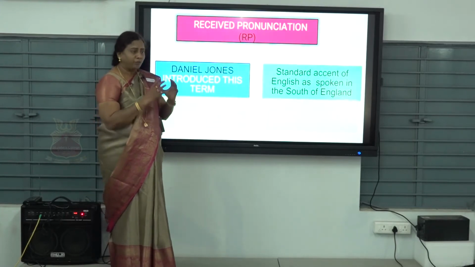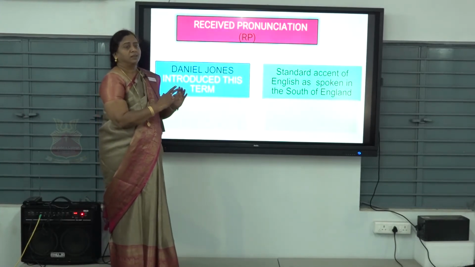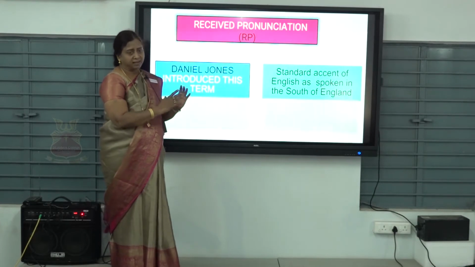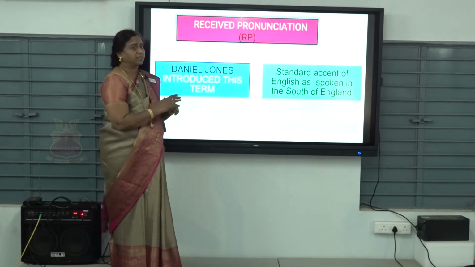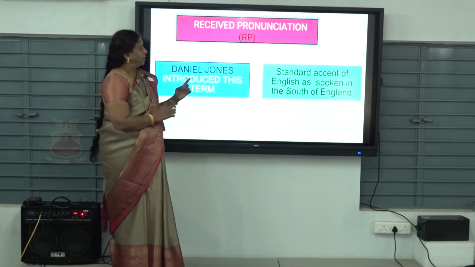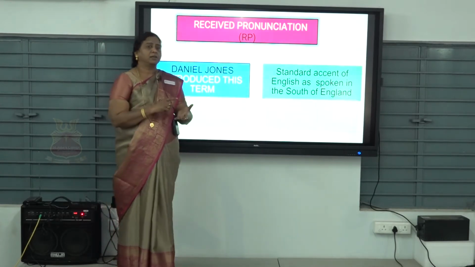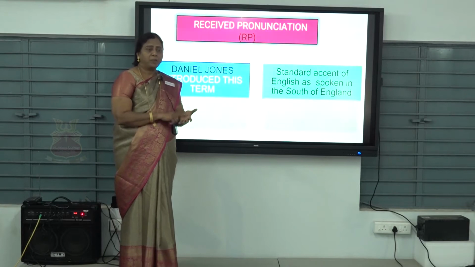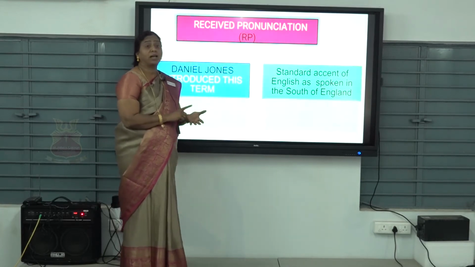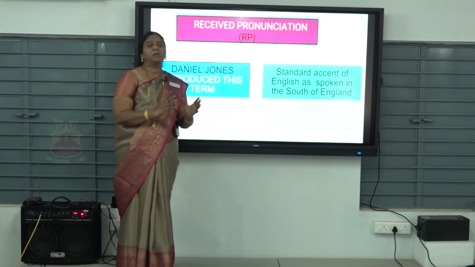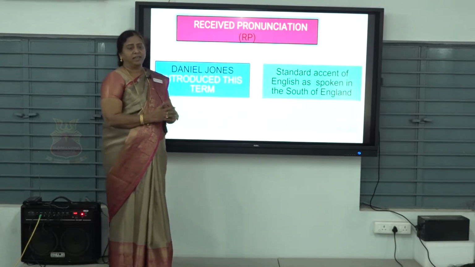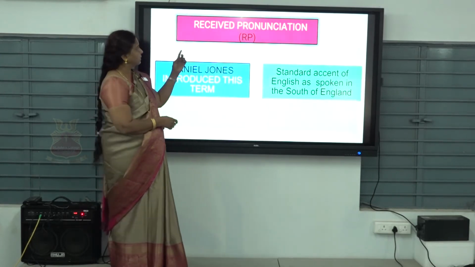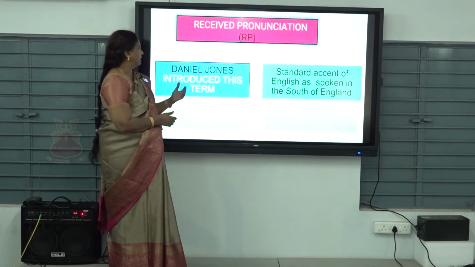So they had to fix one particular dialect as the standard dialect. They made a study and chose the English spoken by people of southern England, those who had been educated in public schools of England. And that is called received pronunciation, RP.